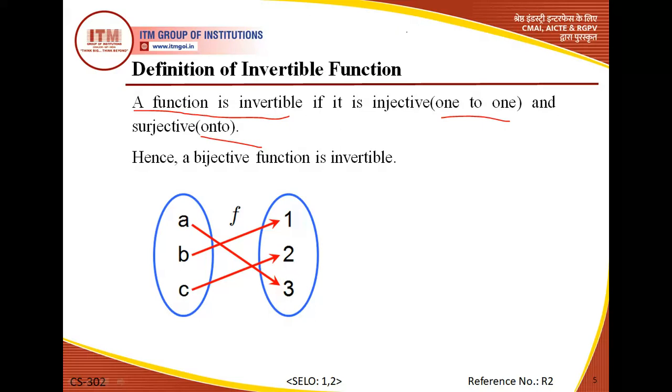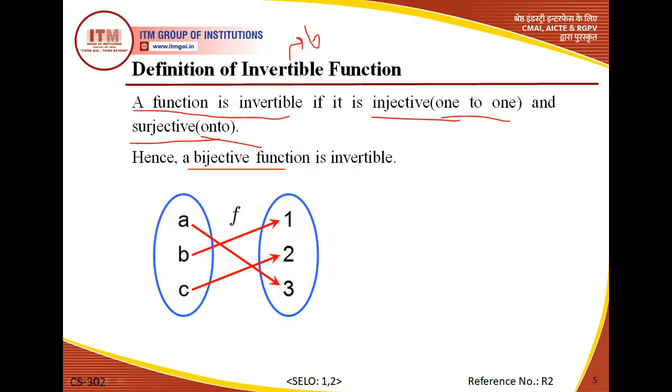Since one one is known as injective, we have written injective over here, and since onto is known as surjective, we have written surjective over here. Also, invertible functions are known as bijective functions. So a function which is both injective and surjective is known as a bijective function.